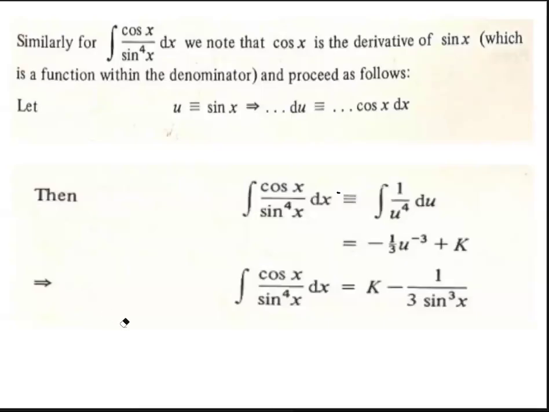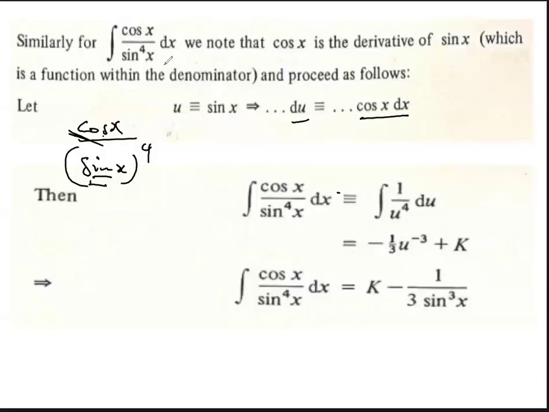Good. Look at this one. So in your denominator, this is the same as this, right? Cos x over sine x to the 4th power, right? So the derivative of this is exactly that, right? So in other words, it's a perfect candidate for u substitution, right? And from that, then if you let u be equal to sine x, this function inside here, then du is equivalent to cos x dx, right?